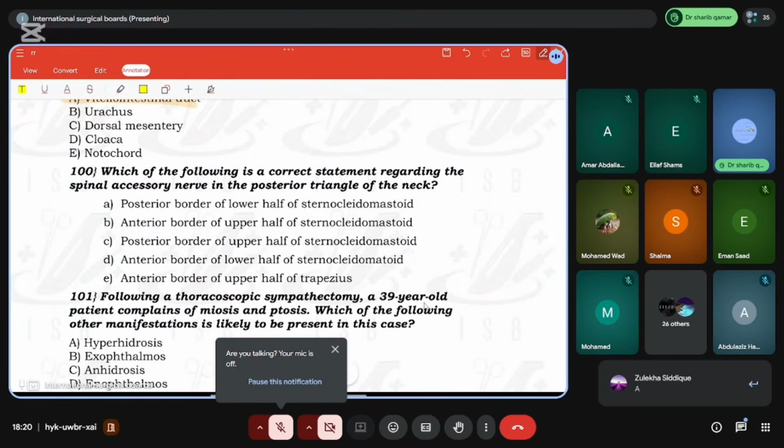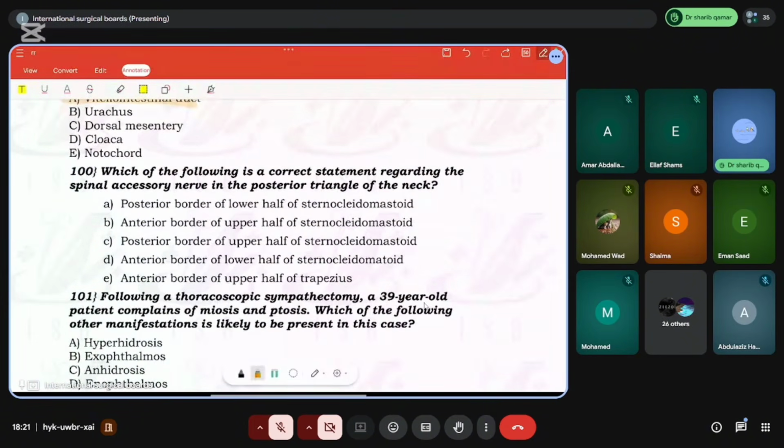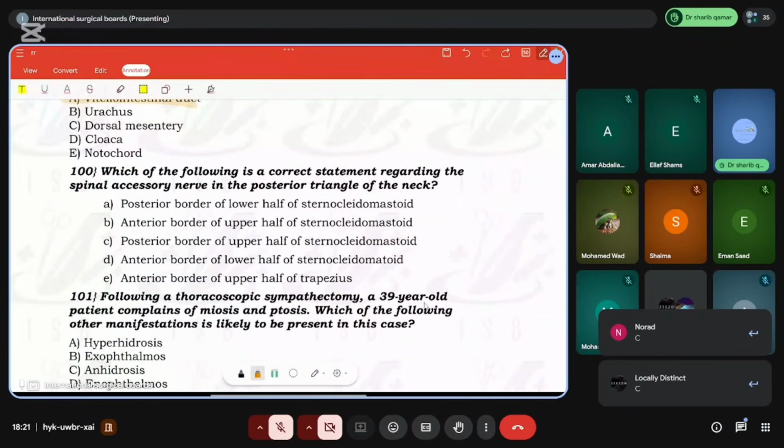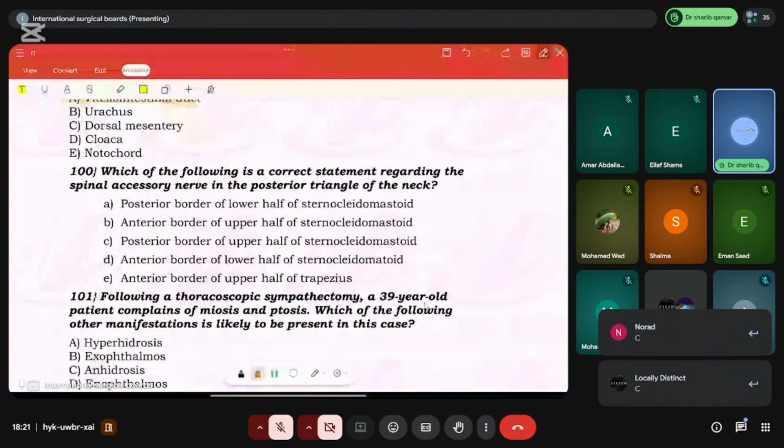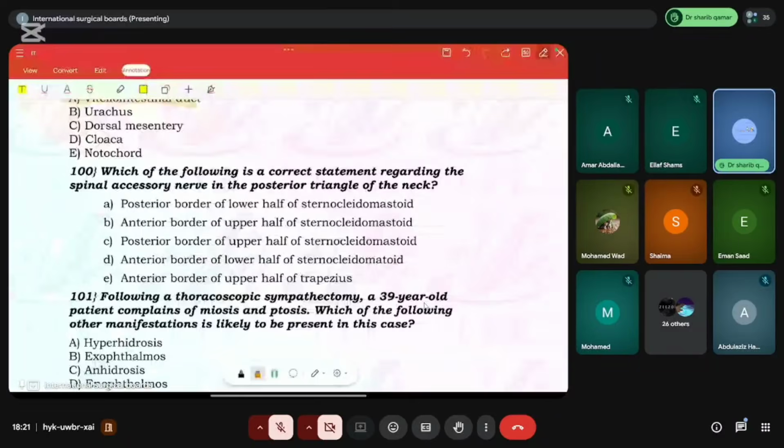A. Okay. Anyone else agree? Okay, C. Upper half, because it supplies two things, the trapezius and the sternocleidomastoid.